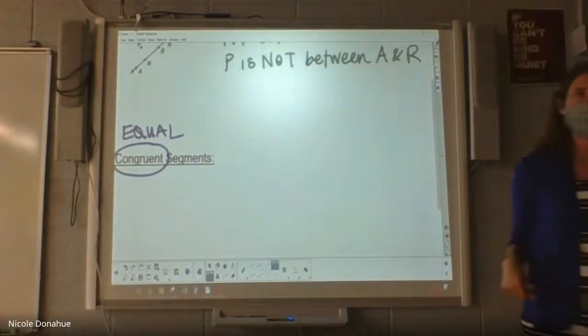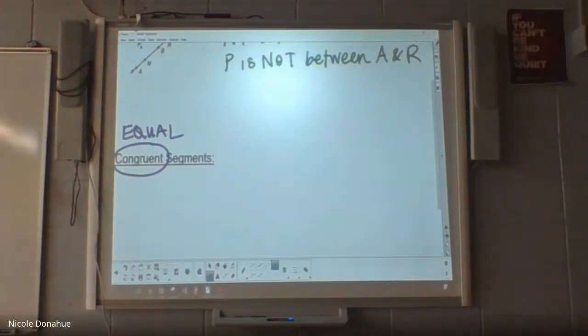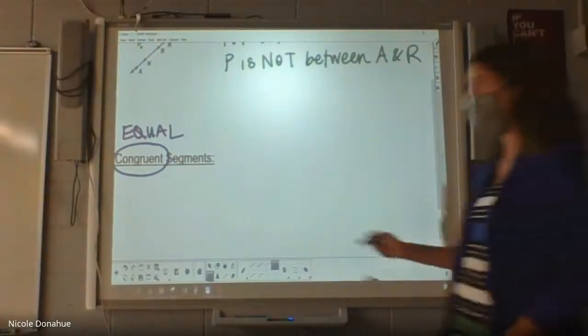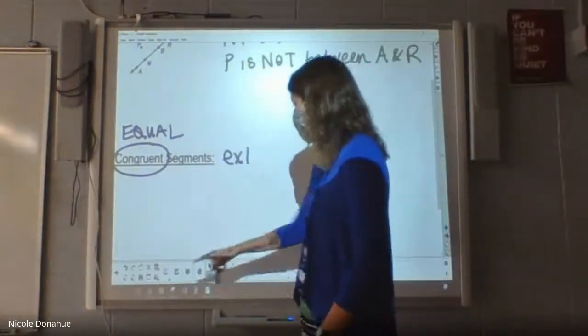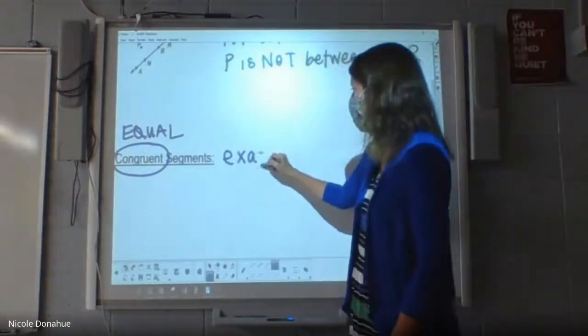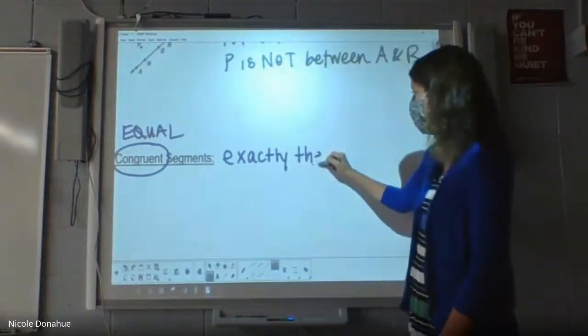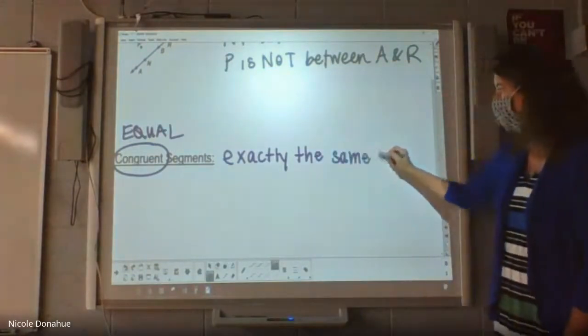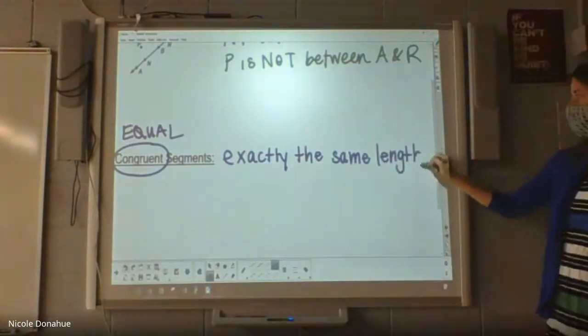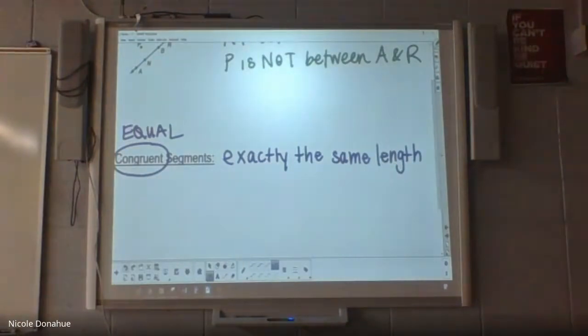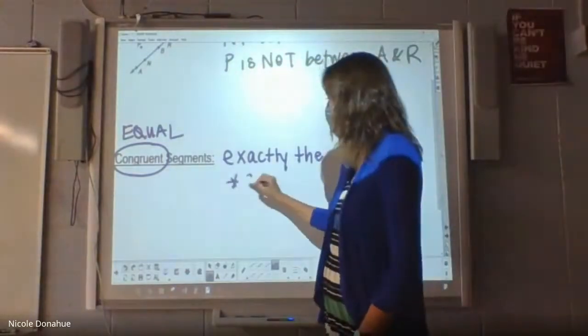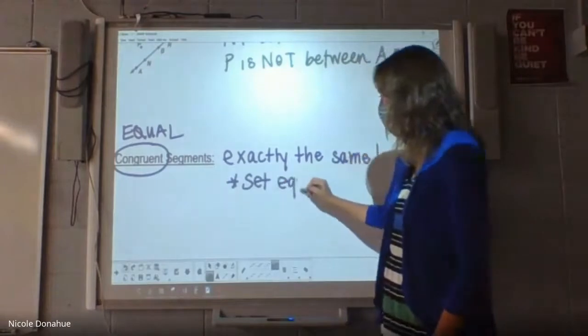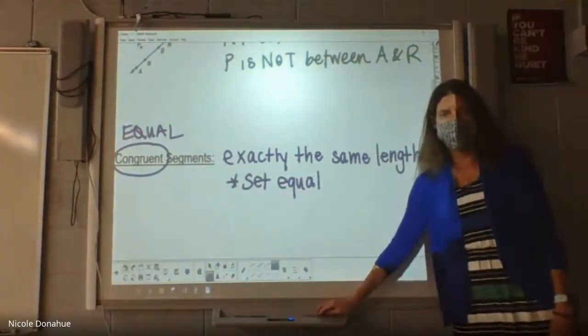If they say two segments are congruent or two angles are congruent, that means they're exactly the same length or the same size. So if they give me two congruent segments, I can just set those two segments congruent, or set them equal.